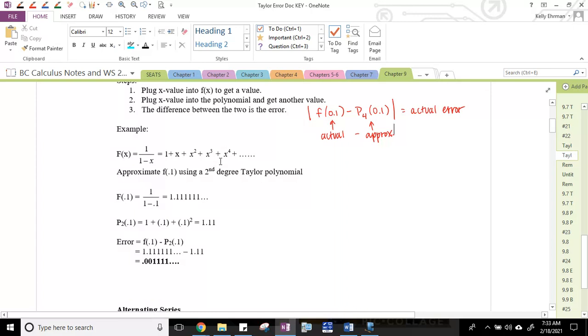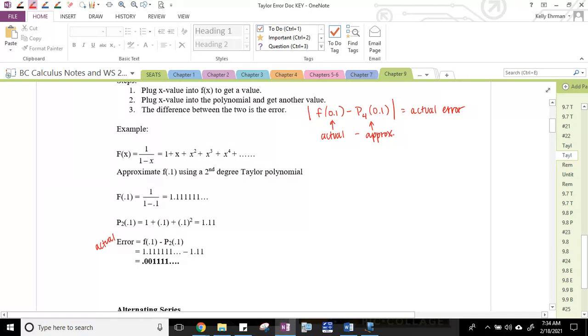If we use our second degree Taylor polynomial and plug in 0.1, we're just using the first three terms of this Taylor polynomial, so we get something close. And so the actual error, how far off are we actually, is 1.1 repeating minus 1.11, so that leaves us with 0.00 and then 1 repeating.